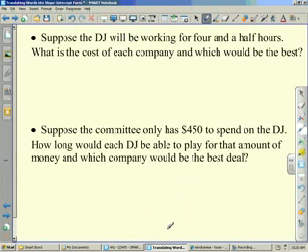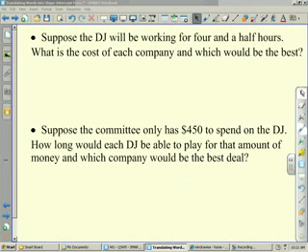Now, I would like for you and your table group to answer the following two questions. Suppose the DJ will be working for 4.5 hours. What is the cost of each company and which would be the best? Suppose the committee only has $450 to spend on the DJ.